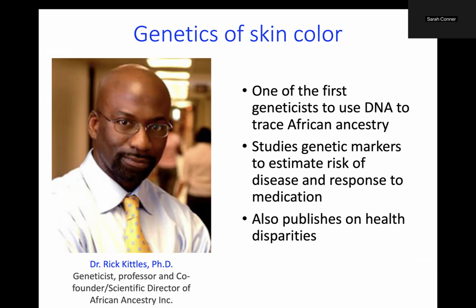But he did a study on African ancestry and studied genetic markers to estimate the risk of diseases and responses to medications for people of color, or genetics of skin color. And then he published health disparities on this as well.